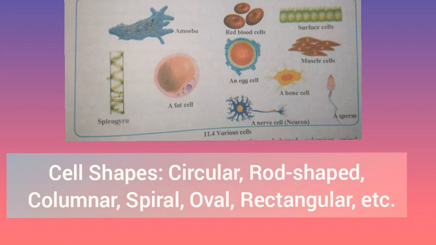These cells are of several shapes like circular, rod shape, columnar, spiral, oval, rectangular, etc. Their shapes are mainly related to their function. It simply means that according to their shapes, their function will be there.